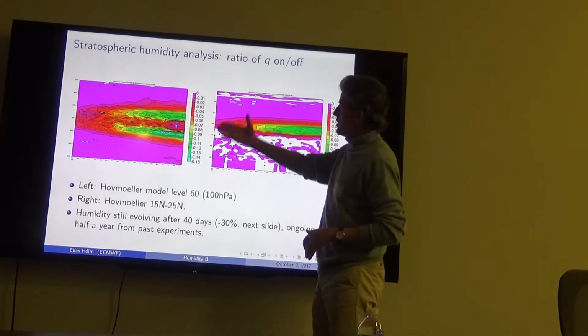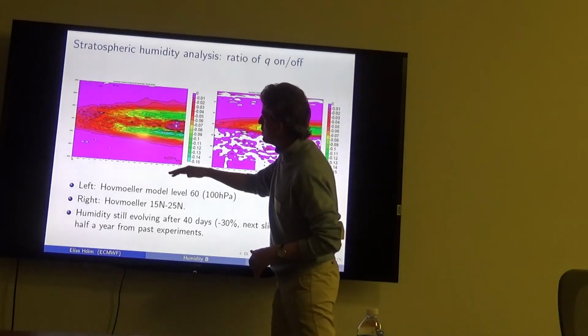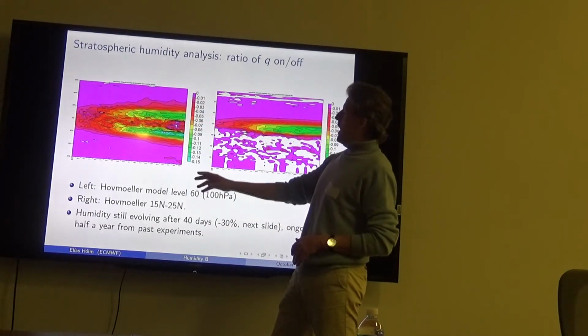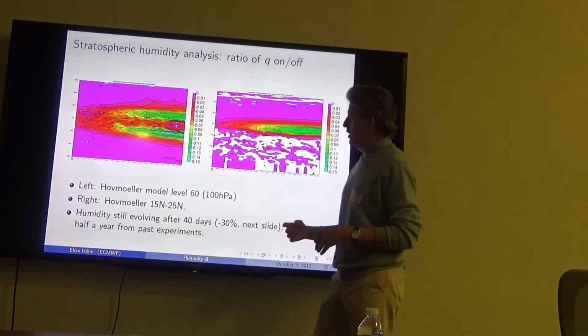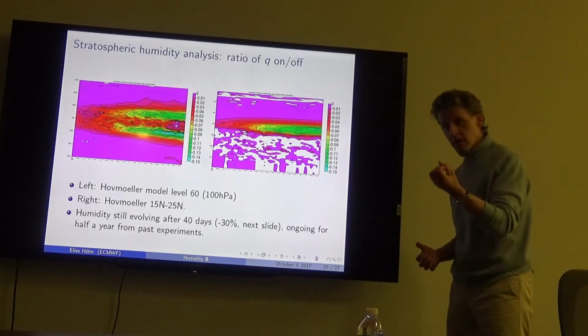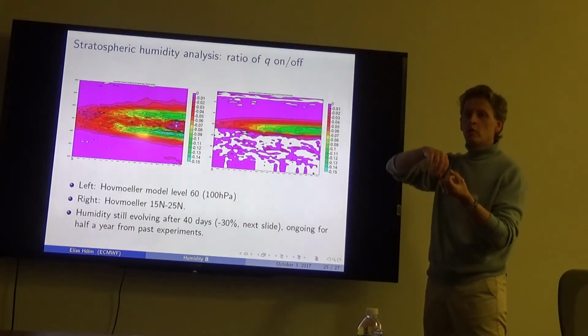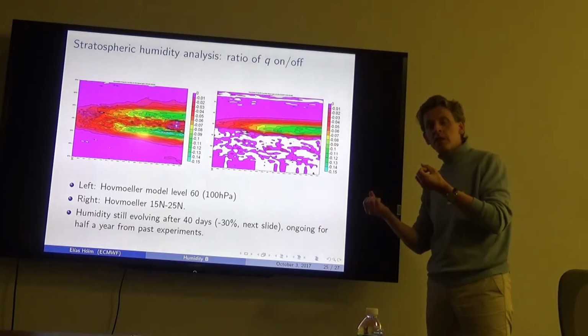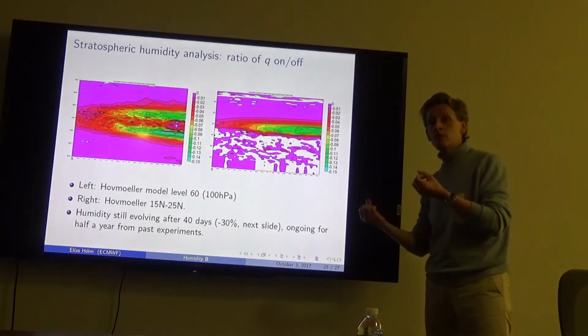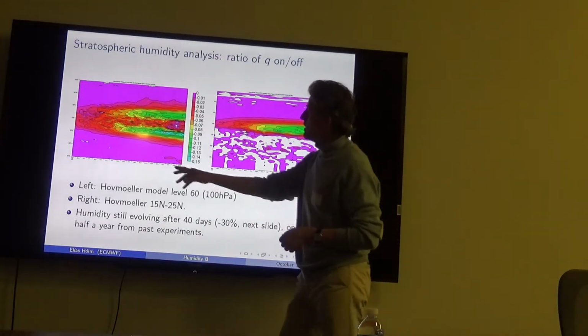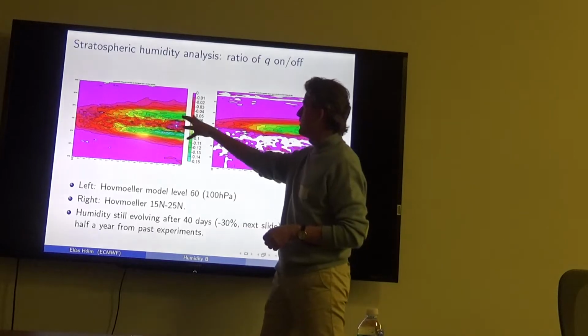This is a cross section from south to north. And what I show you is a ratio of the current humidity in the experiment with humidity on with the reference experiment with humidity analysis off in the stratosphere. And you can see that things start to change here.